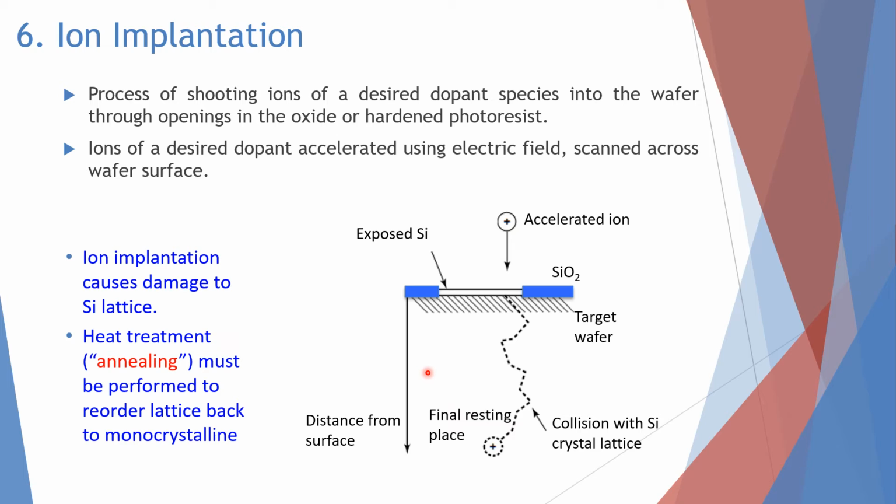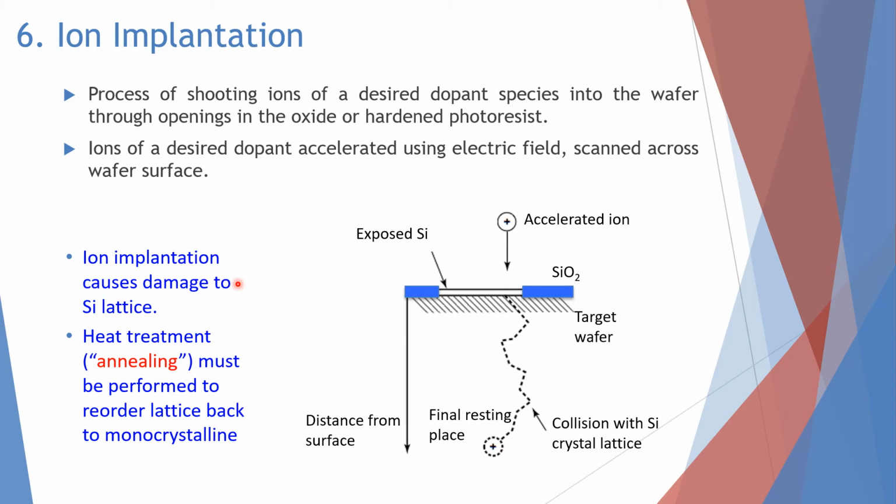Since the ion is accelerated using an electric field, which scans across the wafer surface, we can control how deep we want the ion to go inside the Si wafer. We'll look into this in the next slide.